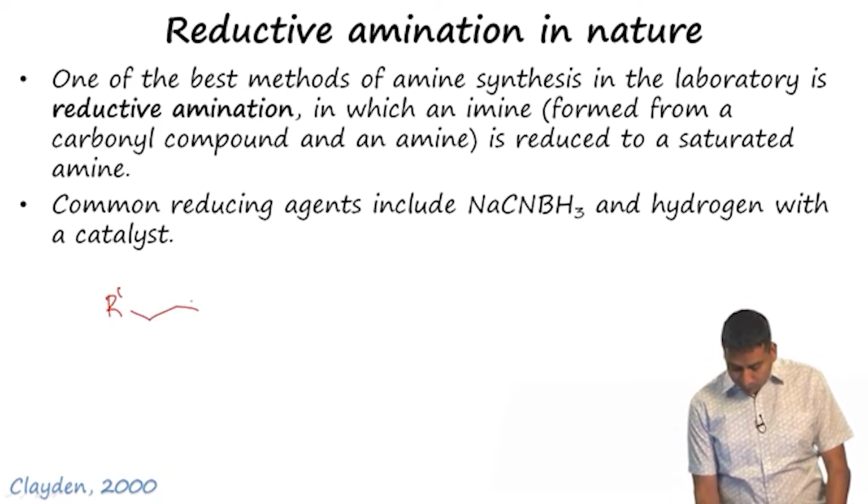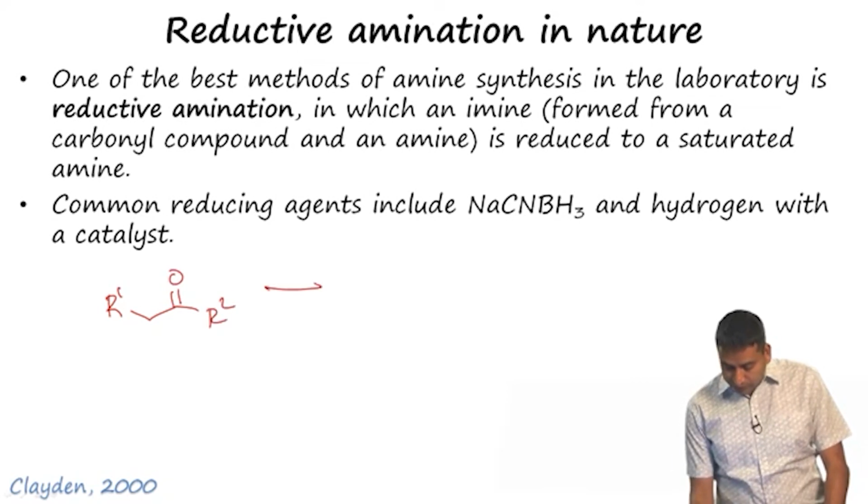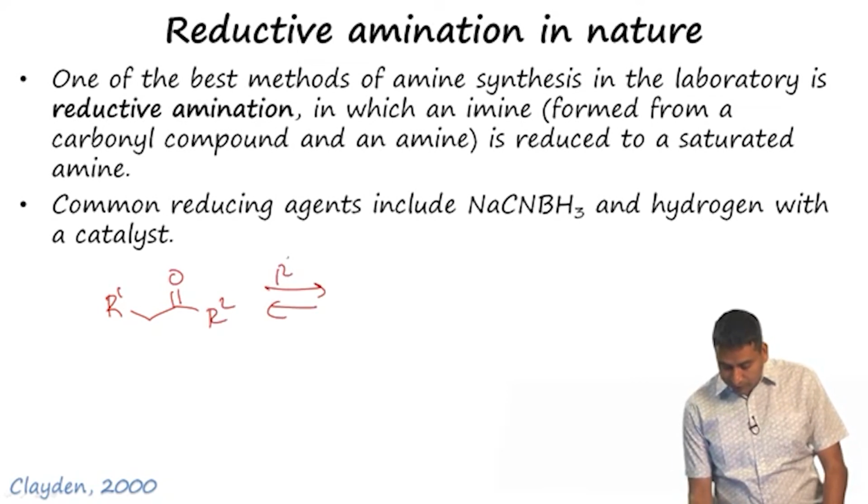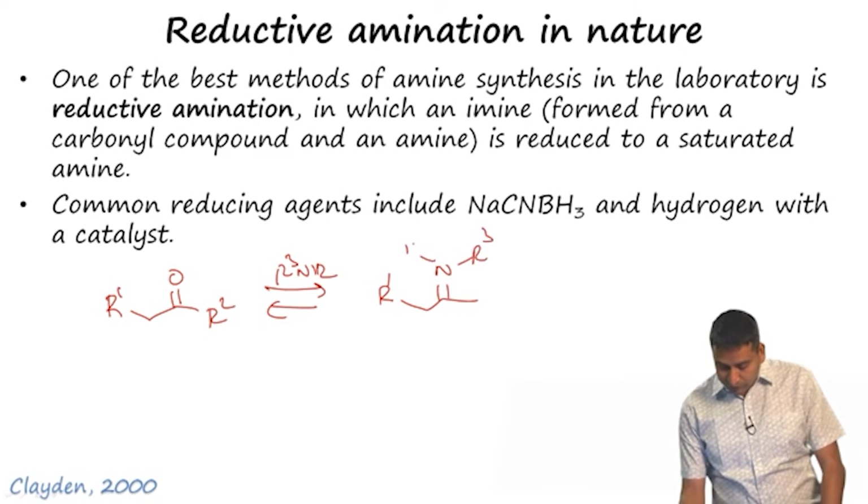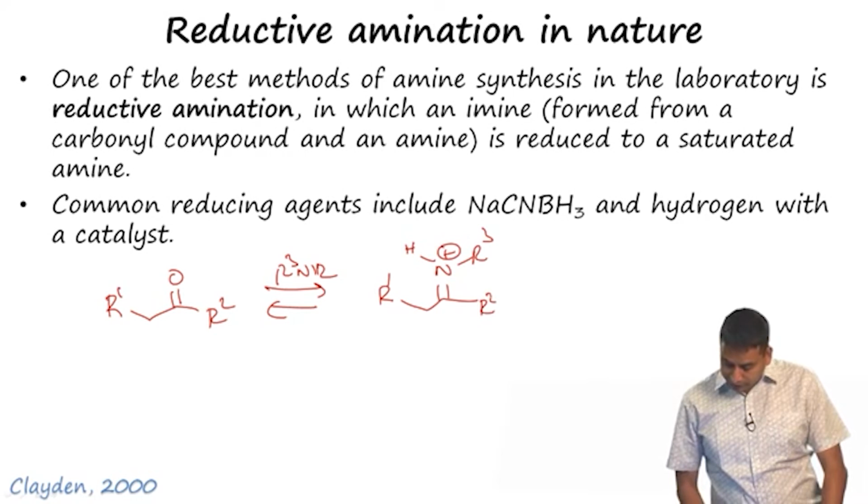So, you would start out with a ketone such as this, which we can then react with R3 NH2, and this is going to give you an imine, with R3, H, and a positive charge; R2 remains intact.